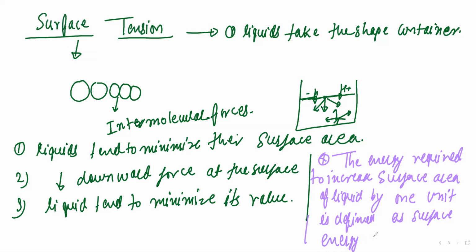So the dimension of surface energy will be joule per meter square. So write up to this point.